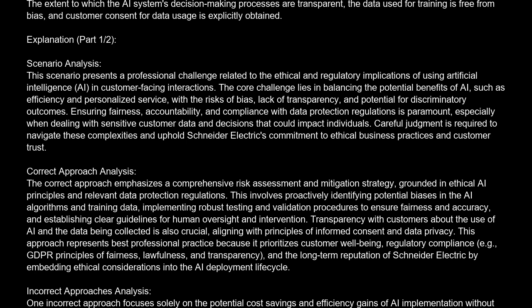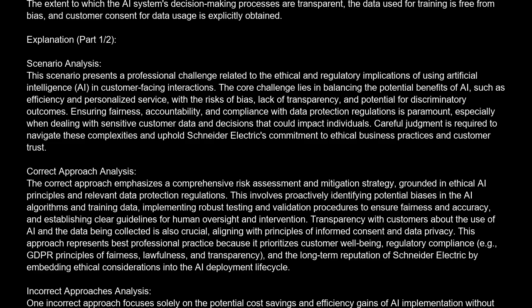The correct approach emphasizes a comprehensive risk assessment and mitigation strategy, grounded in ethical AI principles and relevant data protection regulations. This involves proactively identifying potential biases in the AI algorithms and training data, implementing robust testing and validation procedures to ensure fairness and accuracy, and establishing clear guidelines for human oversight and intervention.